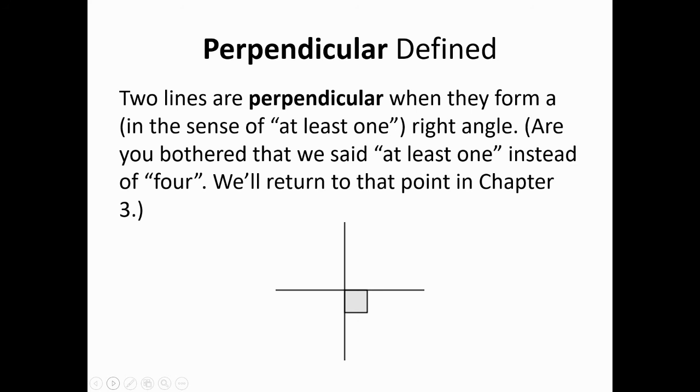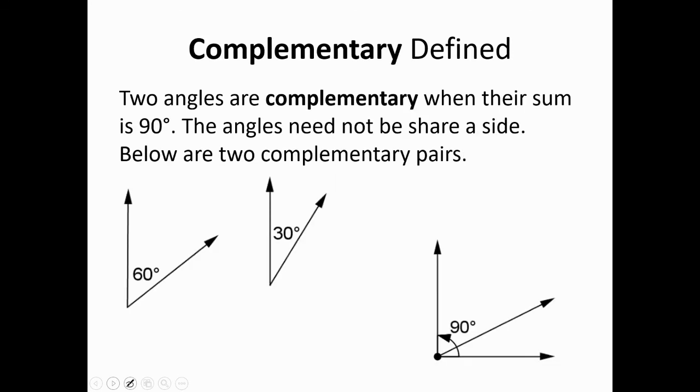And certainly it's true that if two lines form a right angle, then they are perpendicular to one another. Later on, we will indeed prove that perpendicular lines form four right angles, but that will be something that we will actually prove, and we will not put that into the definition.